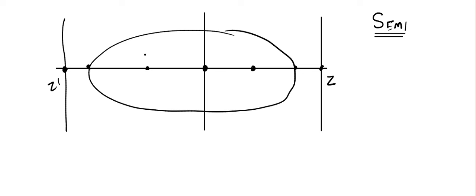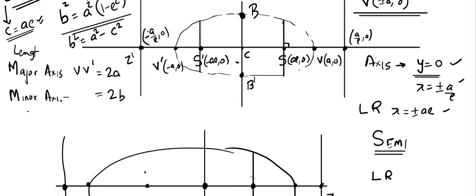center to the vertex. And then I introduced a word, latus rectum. Latus rectum means a chord perpendicular to the major axis but passing through the focus. So you have to write one more thing.